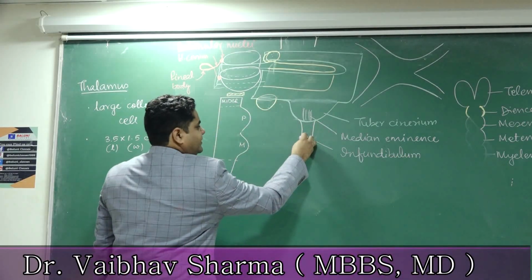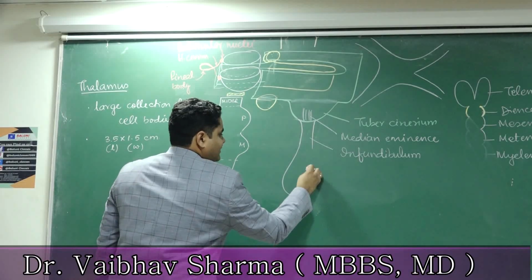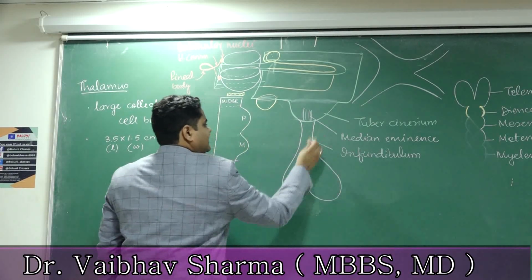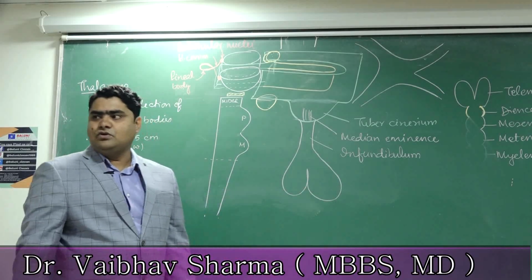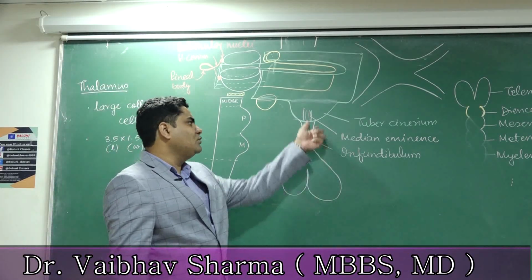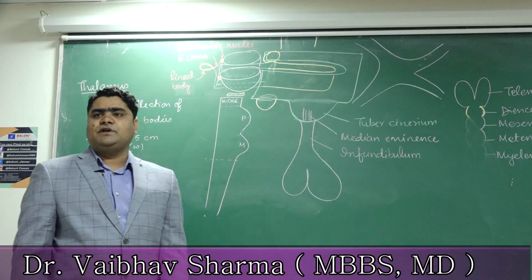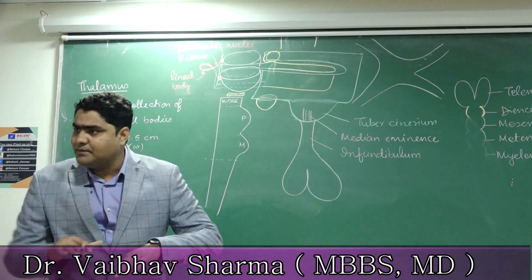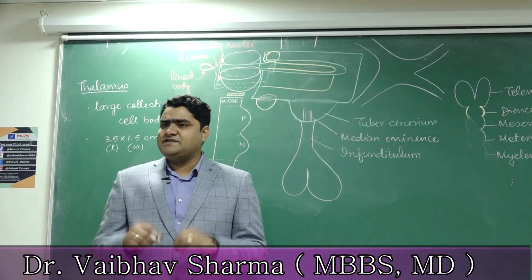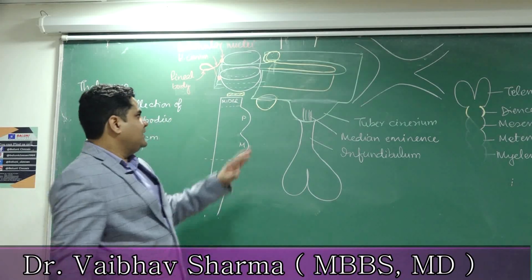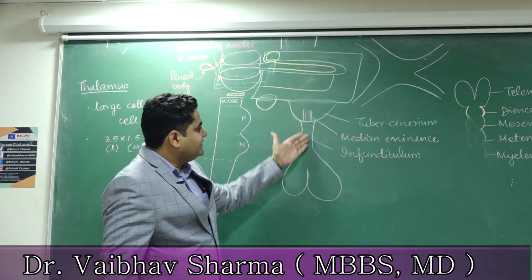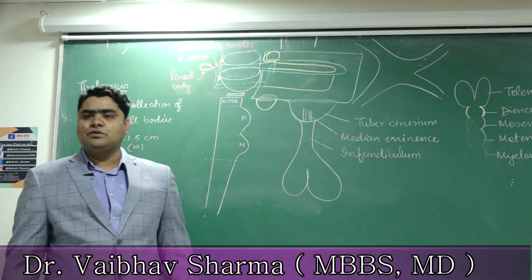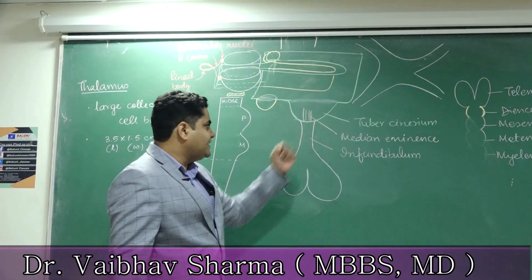From this infundibulum hangs the structure which is called as pituitary gland. So, pituitary gland hangs down the median eminence, and median eminence is a swelling in tuber cinereum. Tuber cinereum in itself is a median swelling.